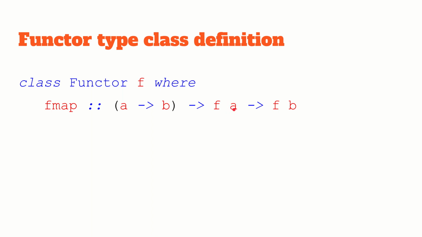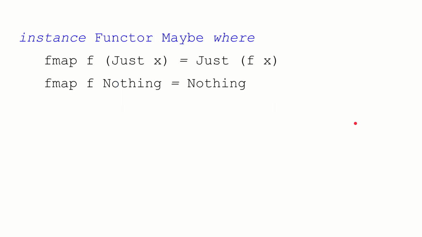So here you pass it 1, 2, 3, where 1, 2, 3 will be your elements, and the functor will be your list. And then that creates a new functor, and those elements will be turned into strings b. So that's a functor type class definition.